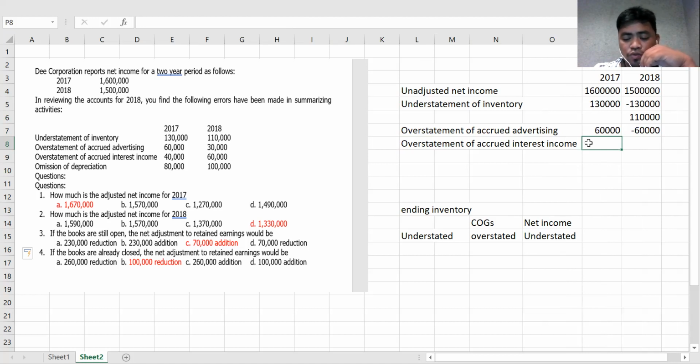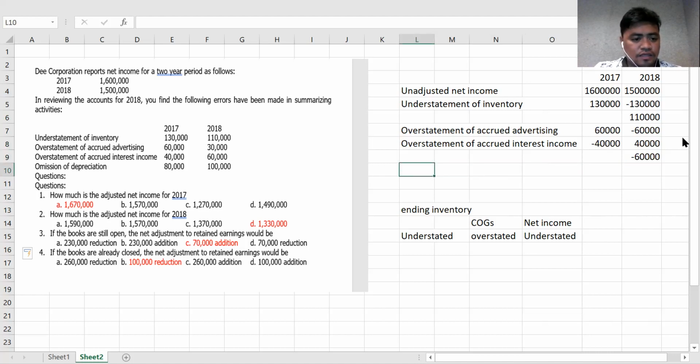So it will result to overstatement of your net income. Since this is counterbalancing, it is a deduction in the next period. And for 2018, there is a 60,000 overstatement.